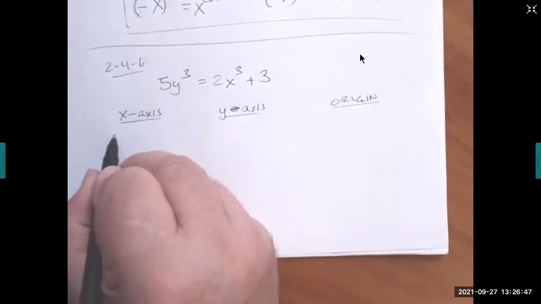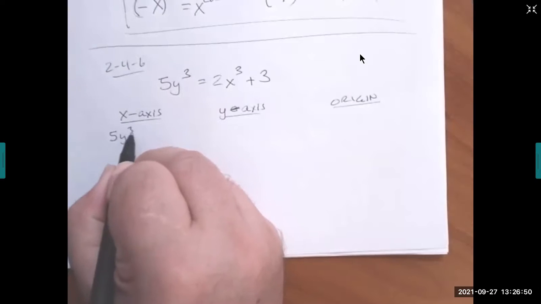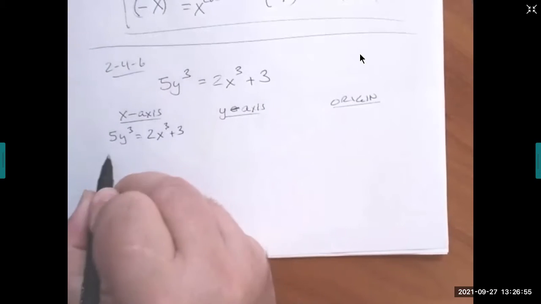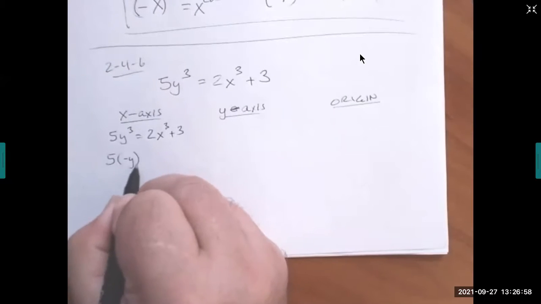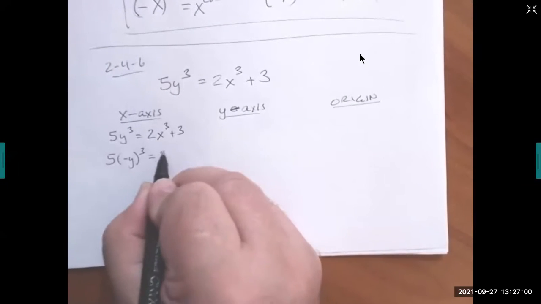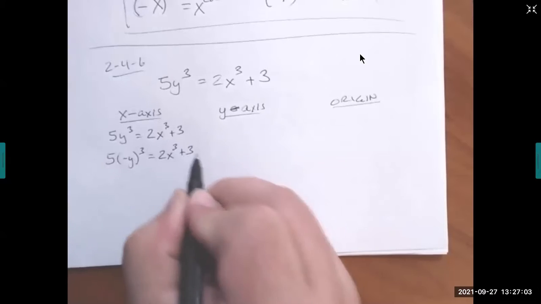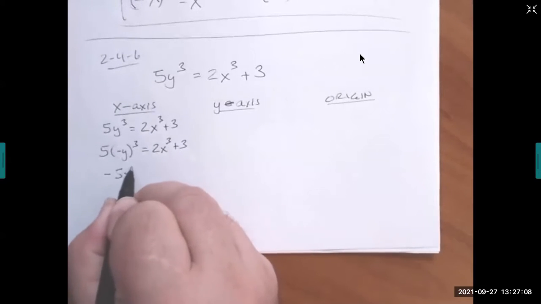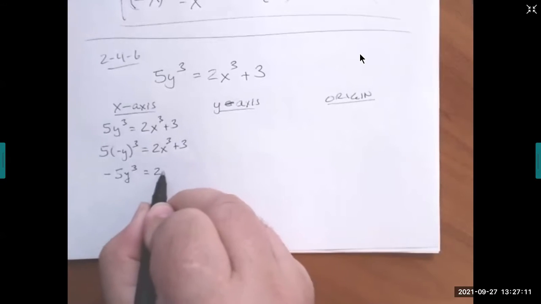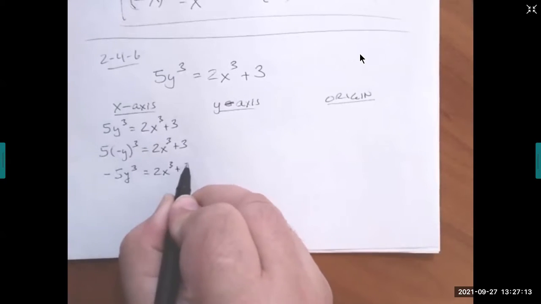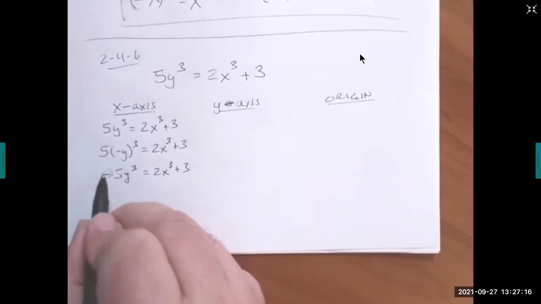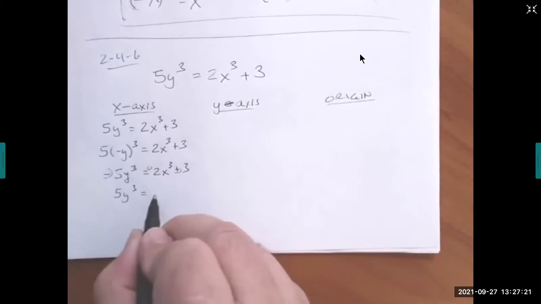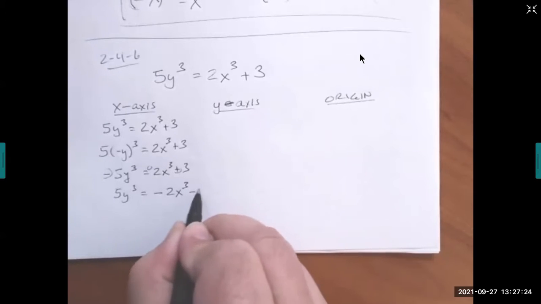For the x-axis, we change the y. So change the y to negative y. 2x cubed plus 3. It's an odd exponent, so it makes that part negative. Since we change all the signs, we get 5y cubed equals negative 2x cubed minus 3.